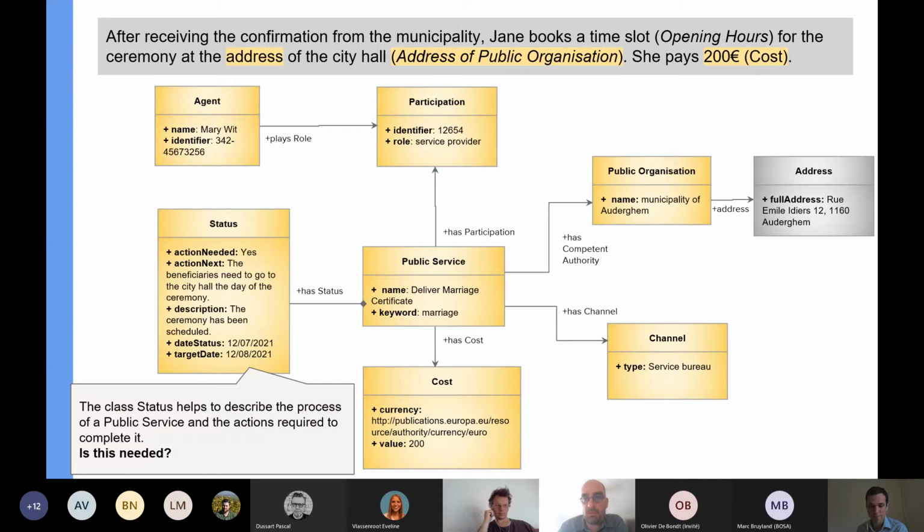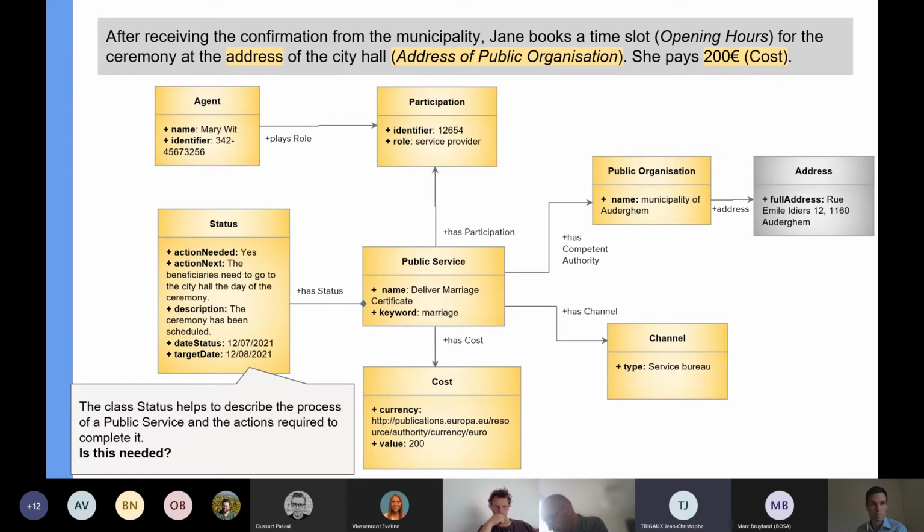Jean-Christophe? Concerning the status, I have just a question, because the status for me for the public service was more related to the public service in itself. For instance, we talk about there is a new legal law, there is a new public service that is promoted by the politicians.